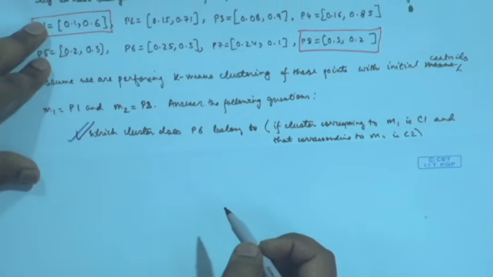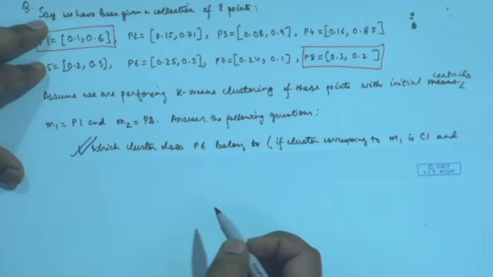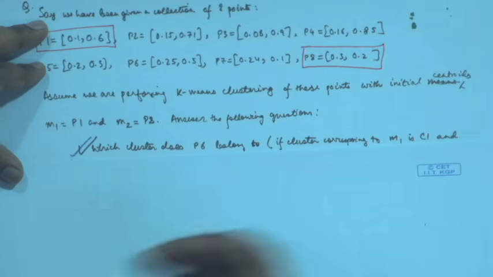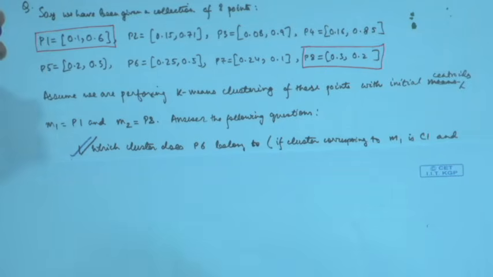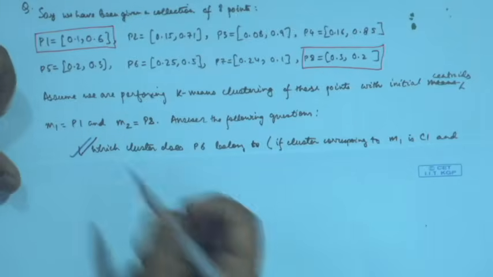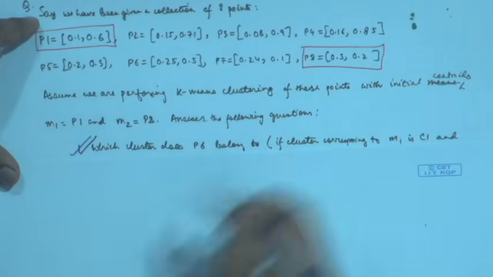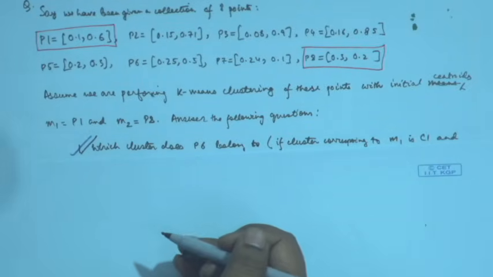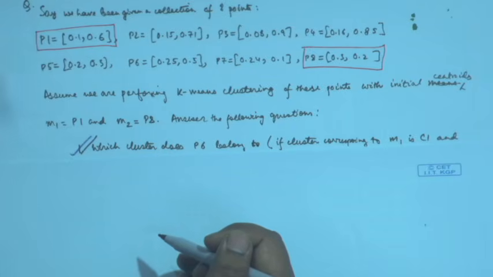So we have to first find out, with the initial centroid values of P1 and P8, which of the centroids is closer to P6. So P6 will be assigned the particular cluster which is nearer to it, right.